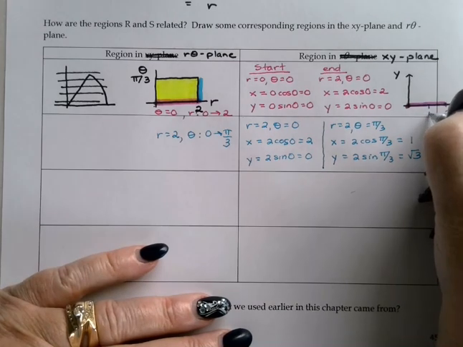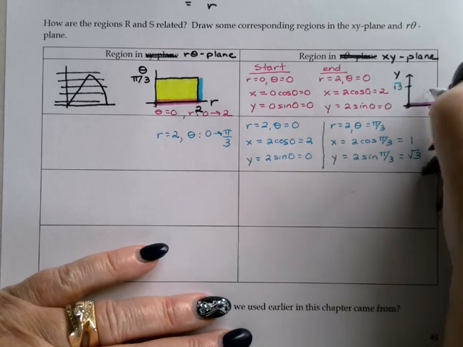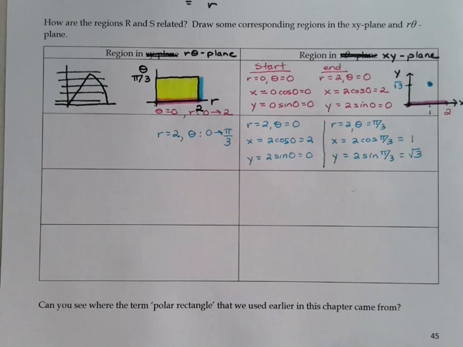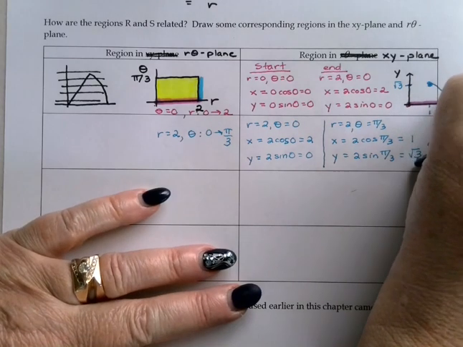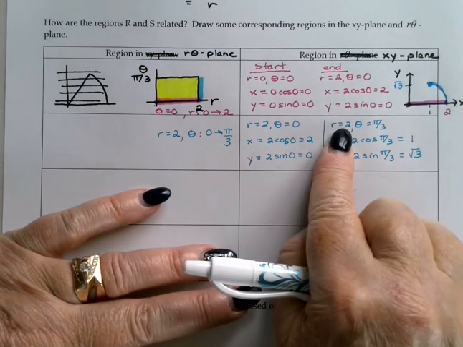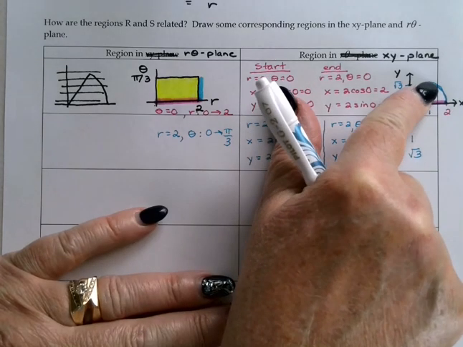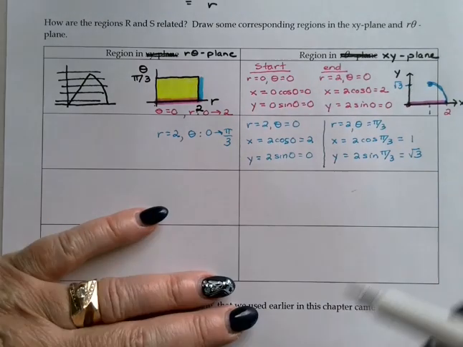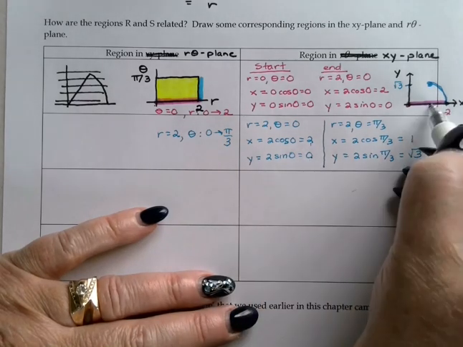So there I am at (1, square root 3). And this is actually that arc of the circle of radius 2. Keep in mind, r was constant in this entire thing, so we still have r equal 2. It's that piece of a circle that connects the point (2, 0) and the point (1, square root 3).